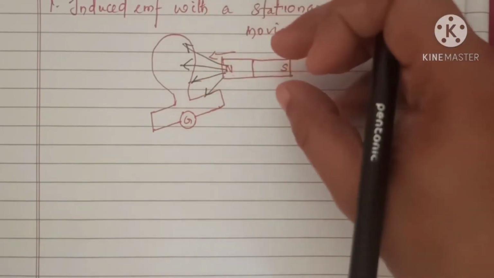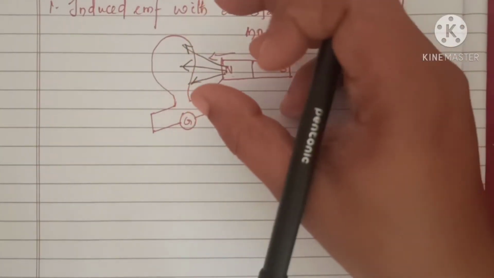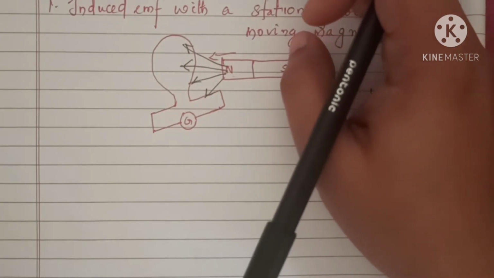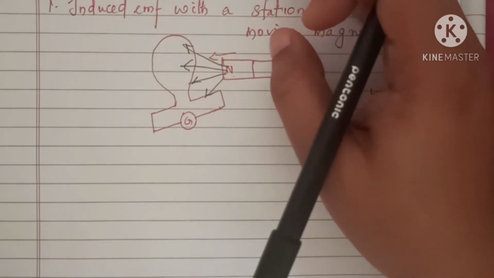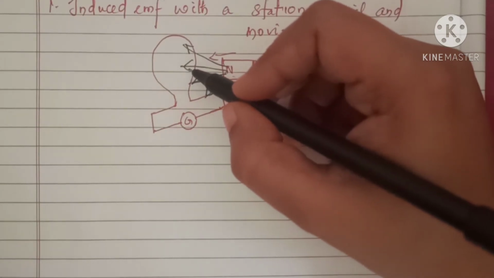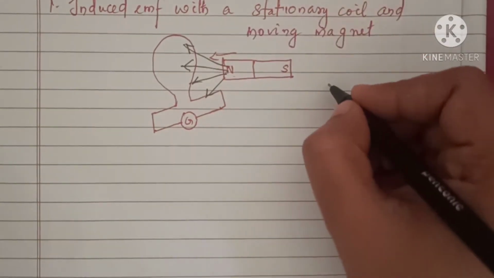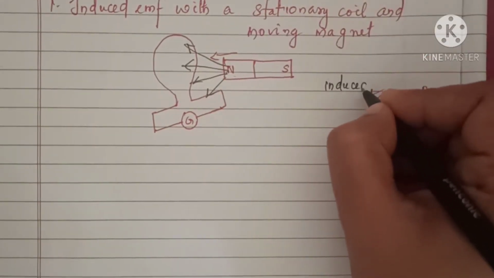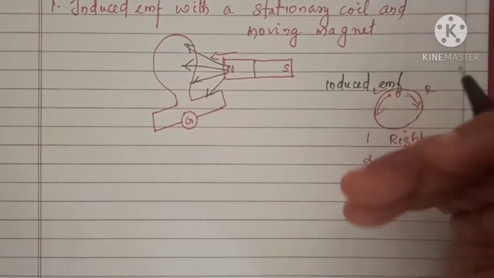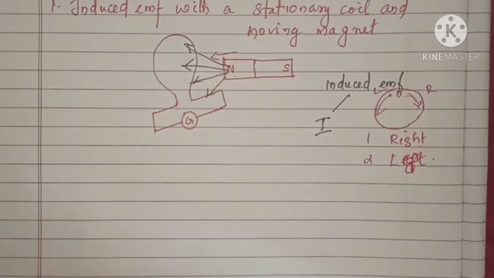As the magnet is moved closer to the coil, the total number of magnetic lines of force, what we call the magnetic flux, linked with this coil increases. Am I right? Then when it increases, an induced EMF is generated, and as a result, induced current is generated.